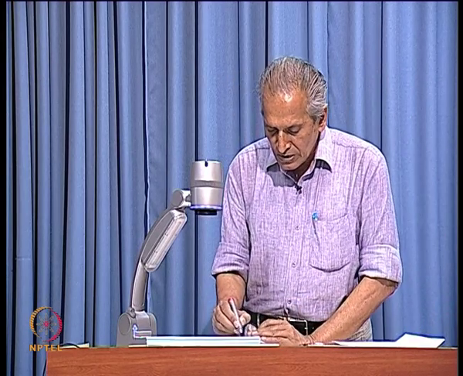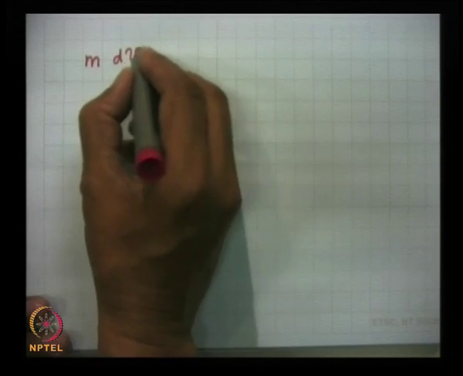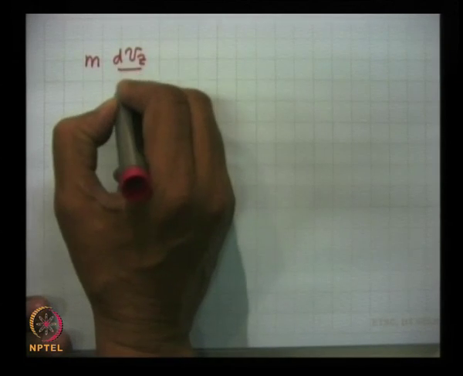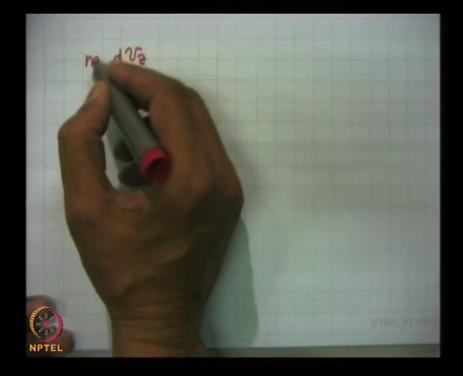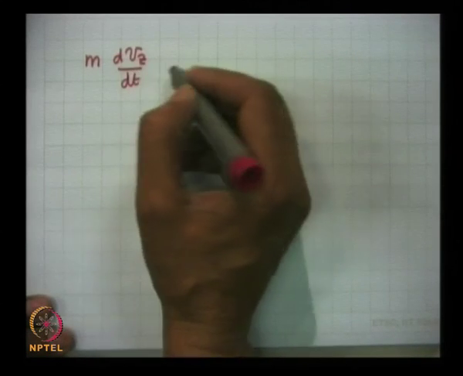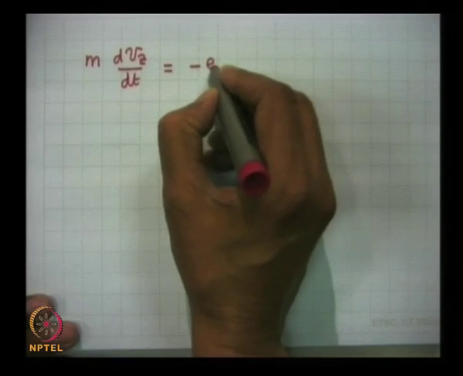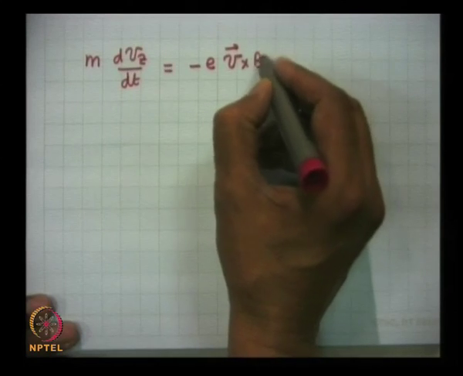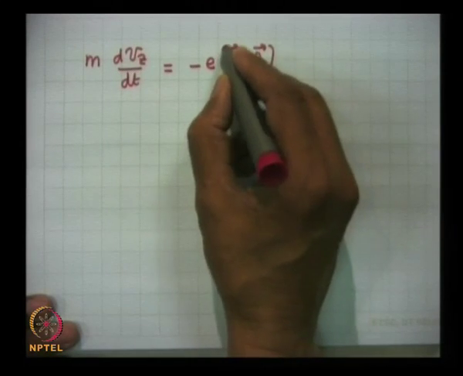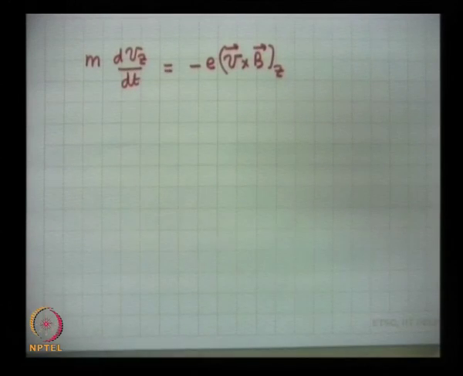My equation of motion is m dv_z by dt, mass into z component of acceleration, is equal to charge of the electron into V cross B force on the electron, and I want only the z component of this force.